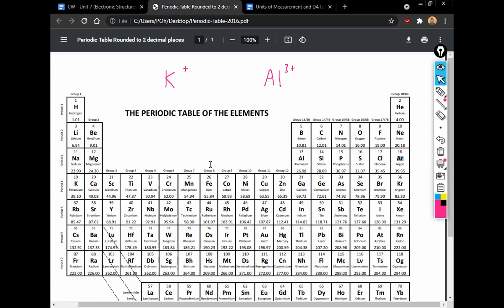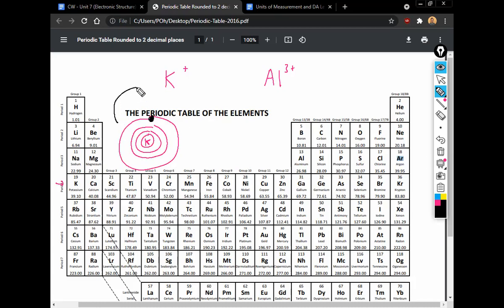Okay, we're gonna start with potassium first. So if you guys take a look at regular potassium, how many shells does regular potassium have? 4, right? It's in the 4th row. Okay, how many valence electrons does potassium have? 1. So regular potassium has 4 shells and 1 valence electron. Now, if you guys take a look at K+, did it gain or lose electrons?